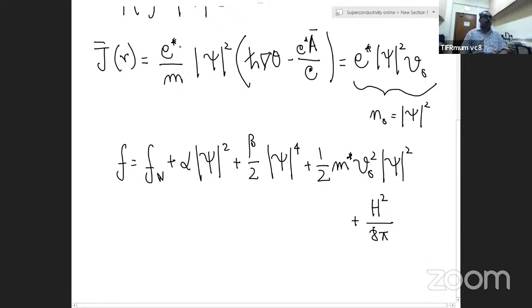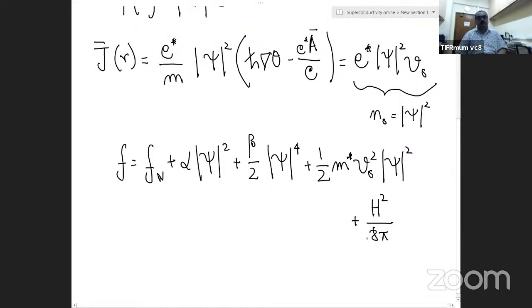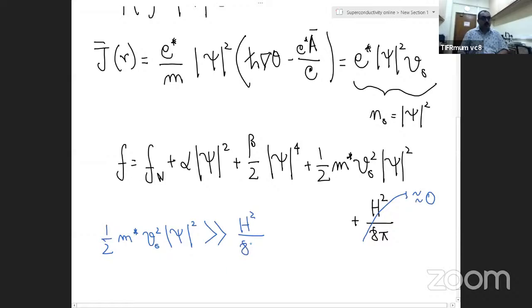Now, first what I will show you is that this quantity I can assume to be almost zero, and that is because half m star Vs square psi mod square, the kinetic energy term, is much greater than h square by 8 pi.